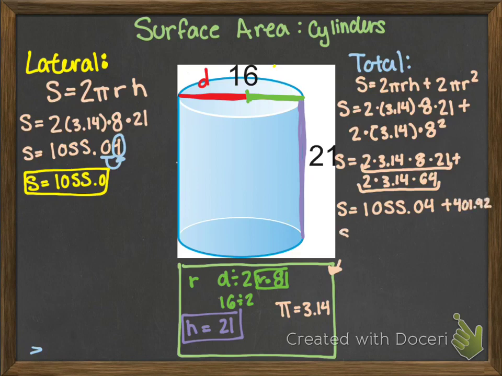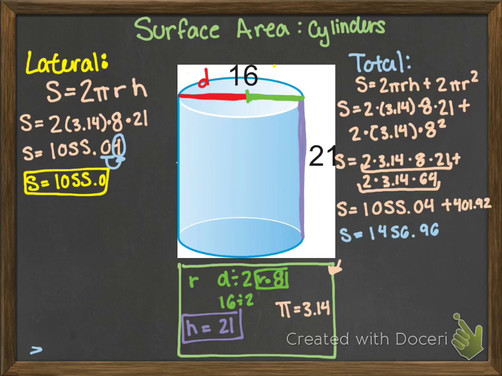Our last step is to add them together to get our final total value for our surface area. So when I add that together, I get 1,456.96. Remember to include your decimals. The only time you're rounding is at the end with your answer.